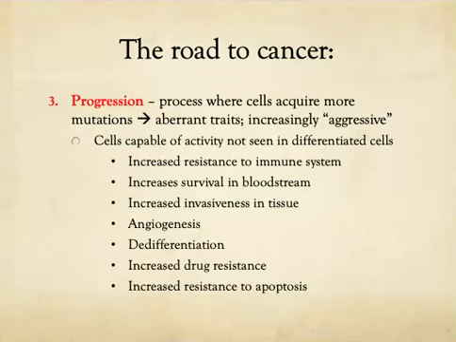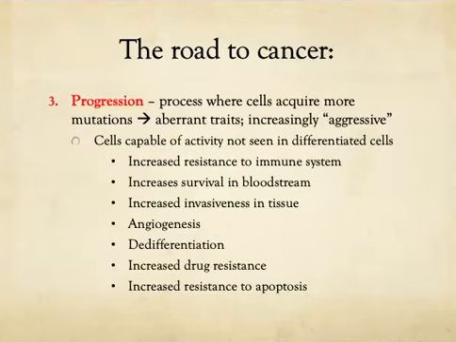They develop the trait of being able to invade tissues, being able to spread into neighboring tissues. They are able to promote what's called angiogenesis, or the growth of new blood vessels.